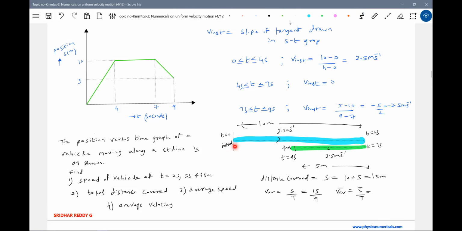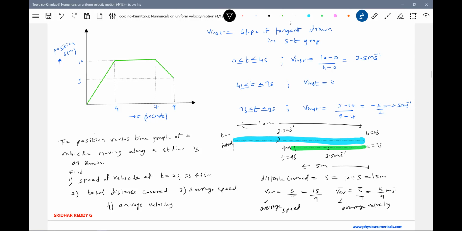Final position minus initial position. So this will be 5/9. This is the average velocity, and the earlier one is the average speed.